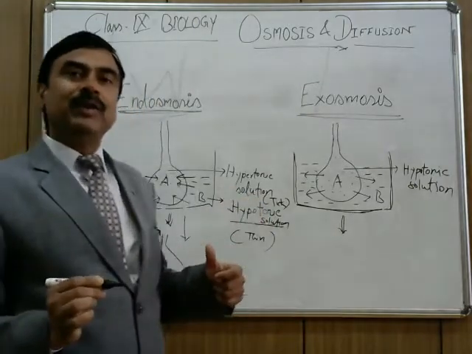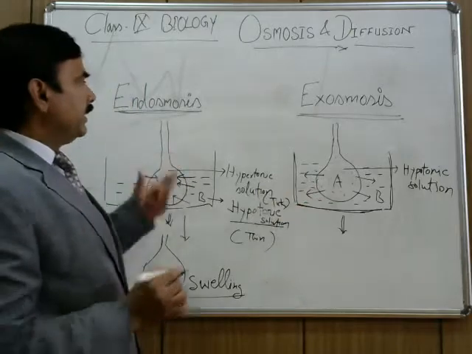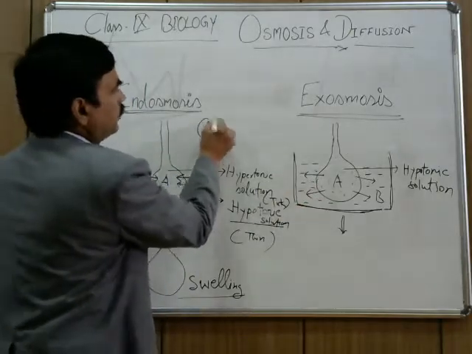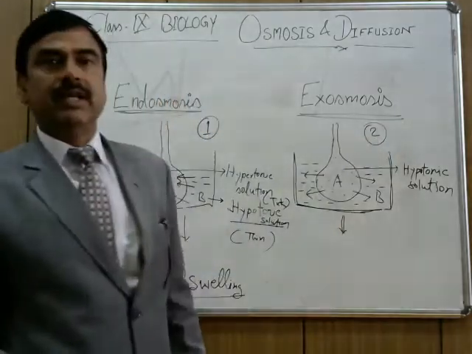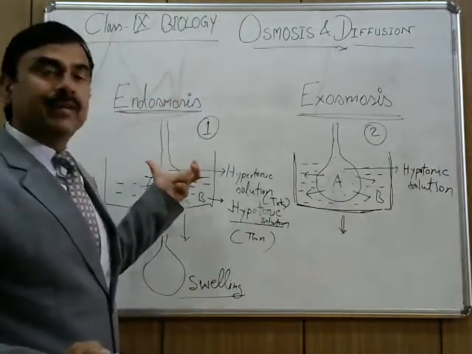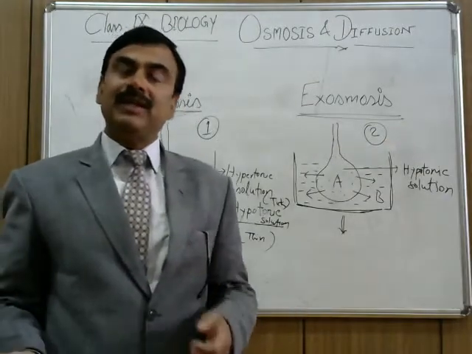I am just going to do the opposite work of case 1 and case 2. Both are opposite to each other. Here the endosmosis entry is taking place, and here the exit of water will take place. Why will the exit of water take place?